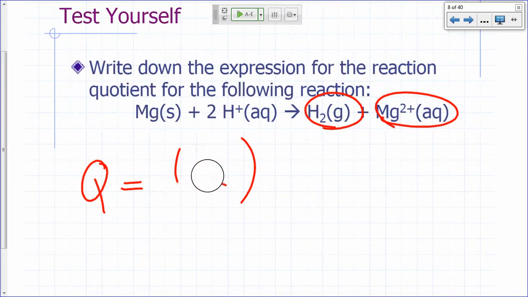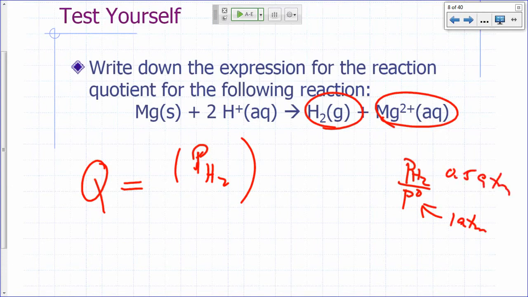Now keep in mind when I say partial pressure of H2 here, I'm only referring to the numerical value. If you really want to be strict about units, you can say that's pH2 over P naught, and P naught, in this case, would be 1 atmosphere. So if you have 0.5 atmosphere over 1 atmosphere, then the ratio of the two is just 0.5.